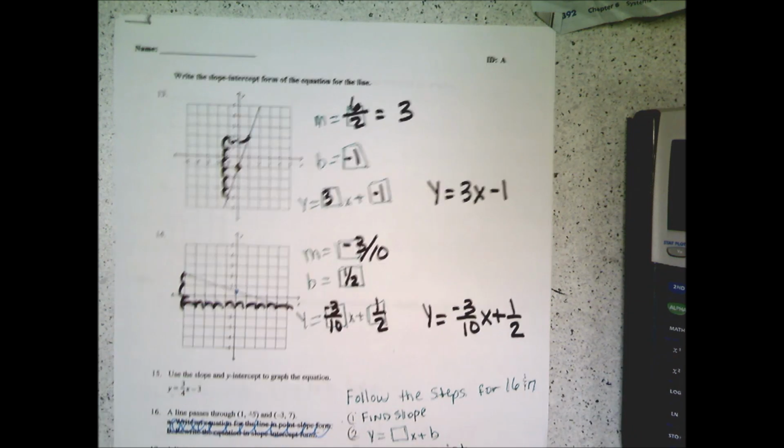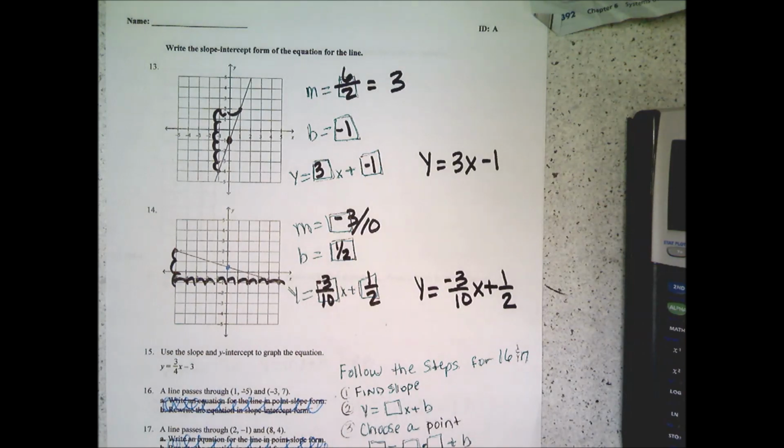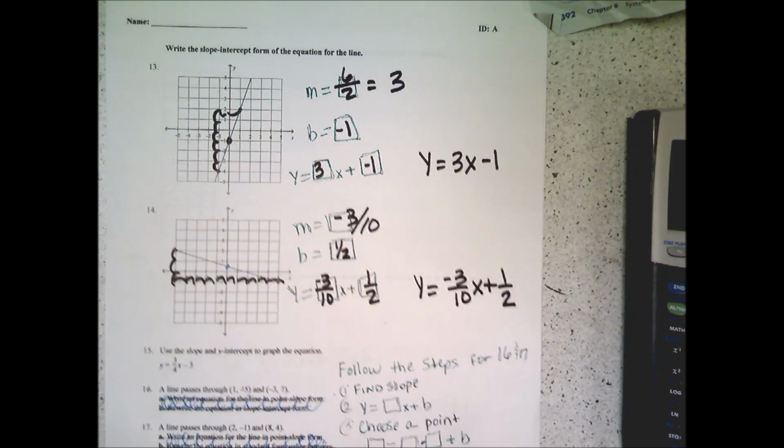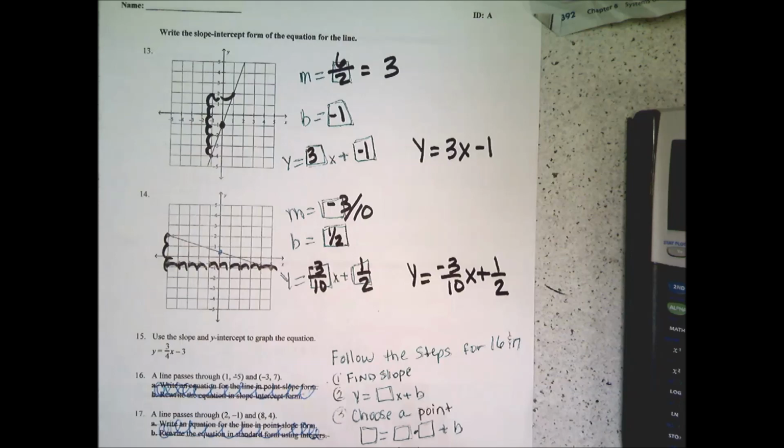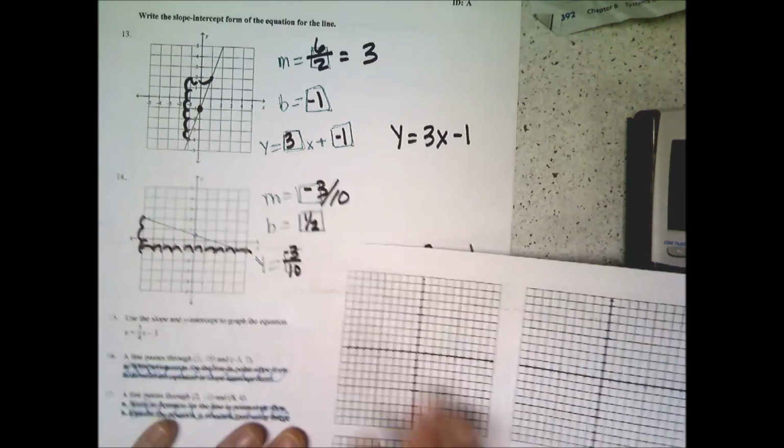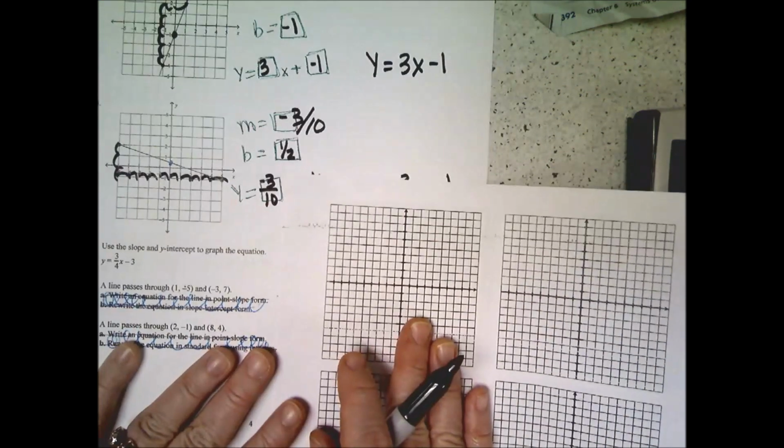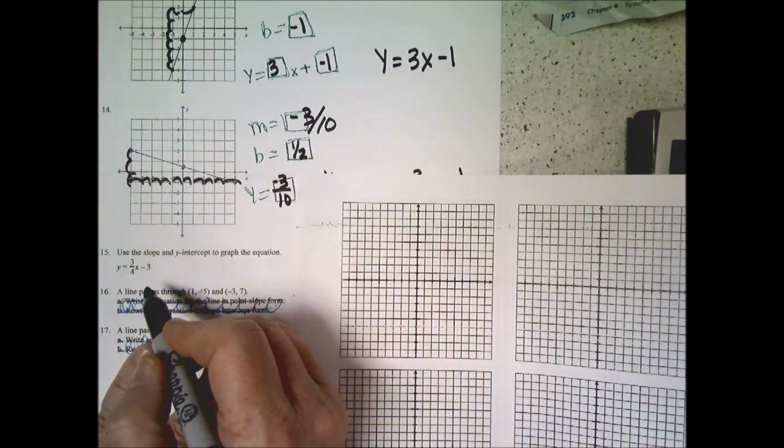Okay. Now we have not studied... We got to graph the next one. We're going to graph it. Use the slope and the y-intercept to graph the equation. We're going to always start with the y-intercept. What's the y-intercept here?